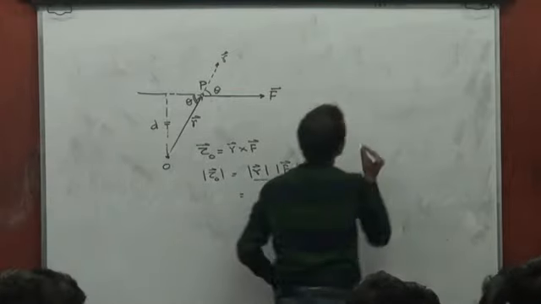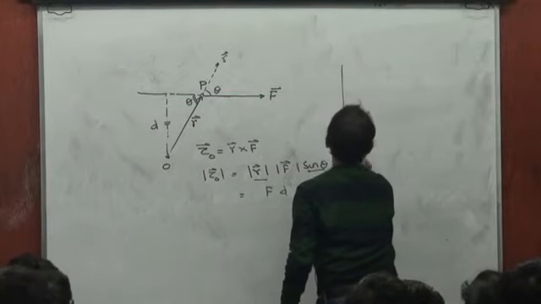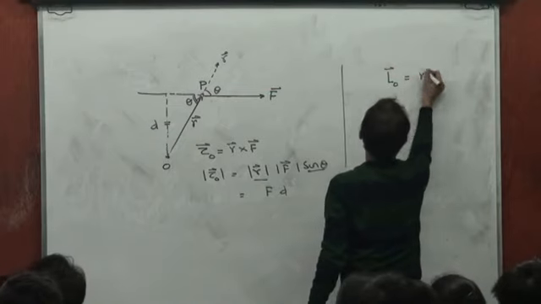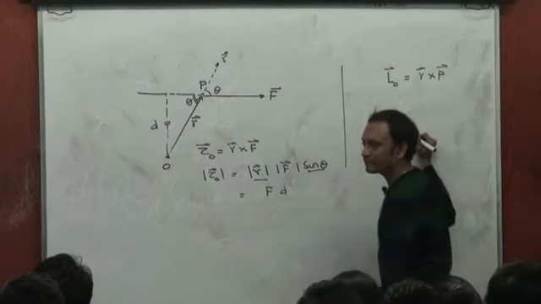Now, the angular momentum about a given point O is R cross P, like I have discussed.